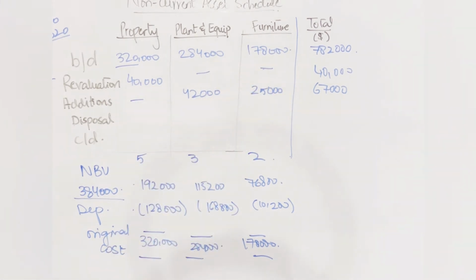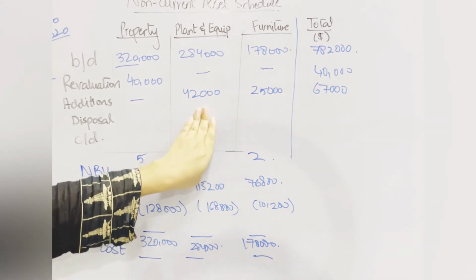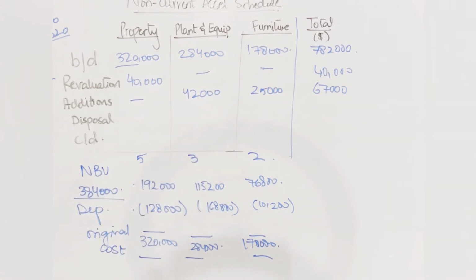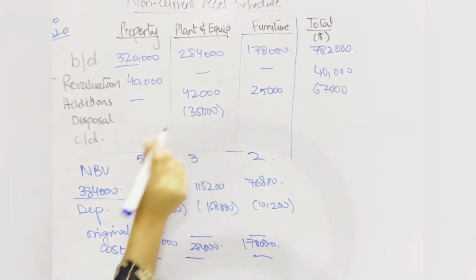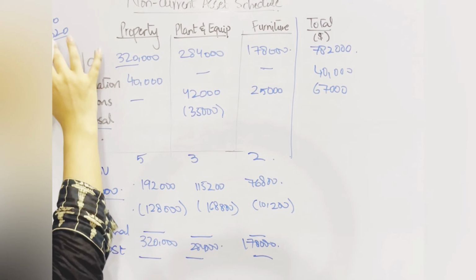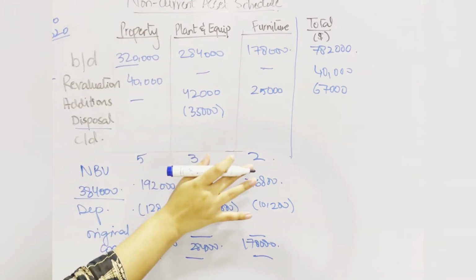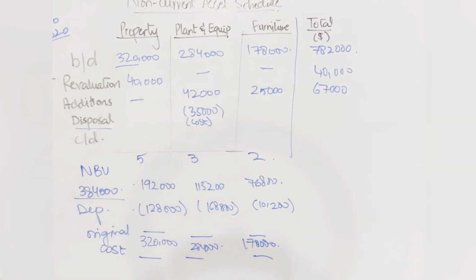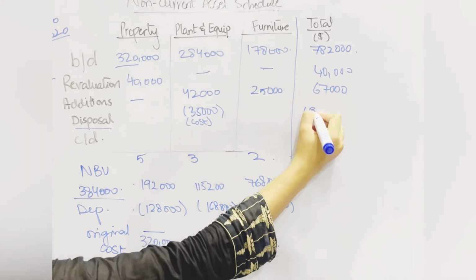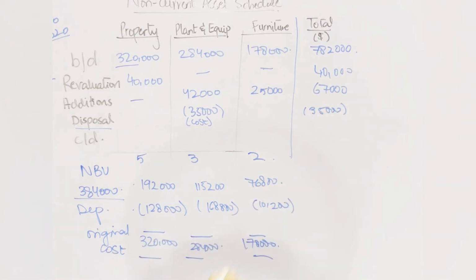All right, so I hope till here you are clear. Now for the disposal section, we disposed of the plant and equipment which was worth 35,000 and was fully depreciated. So you are just supposed to subtract. And do remember, in the disposal section of the asset or cost part you include the cost, and not the depreciation, not the selling price. So 35,000 will also be subtracted here.